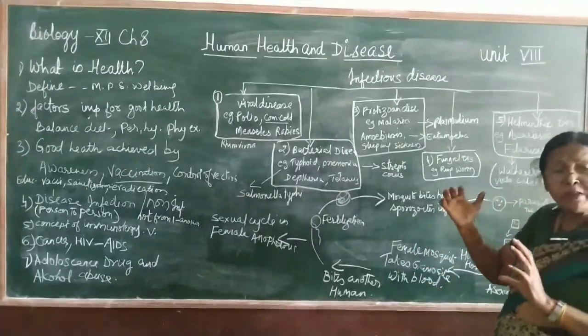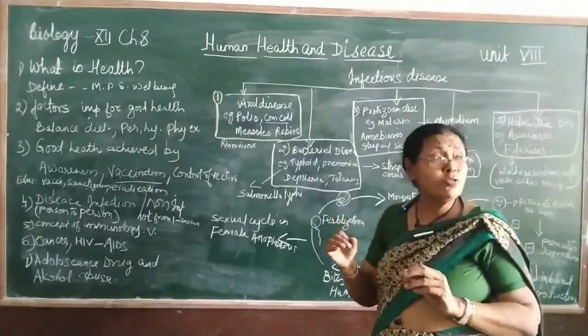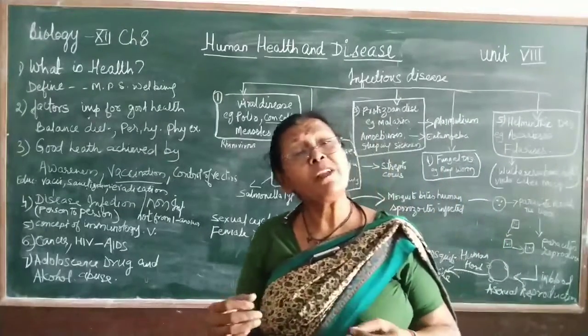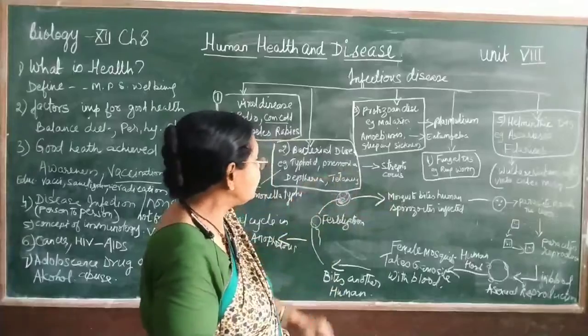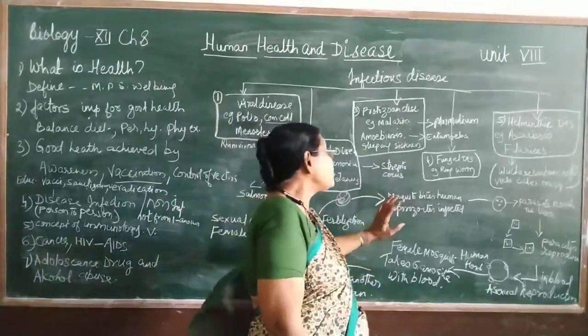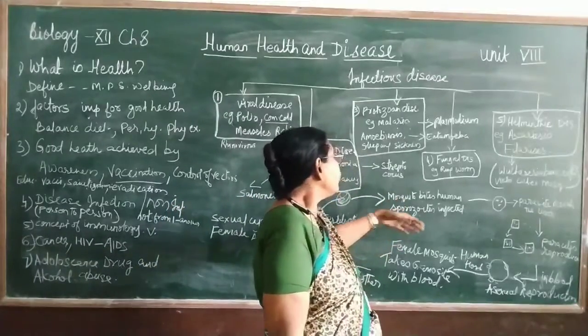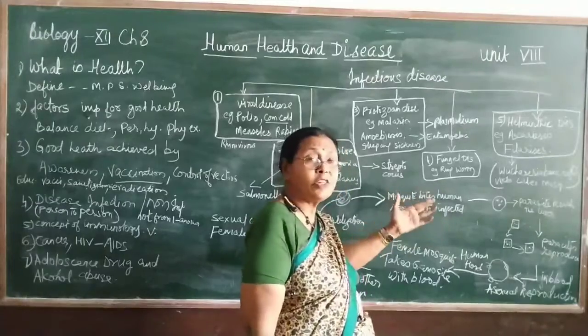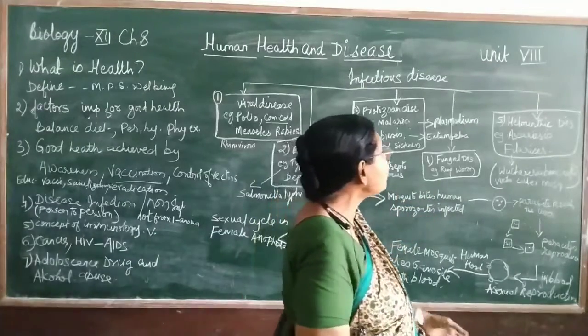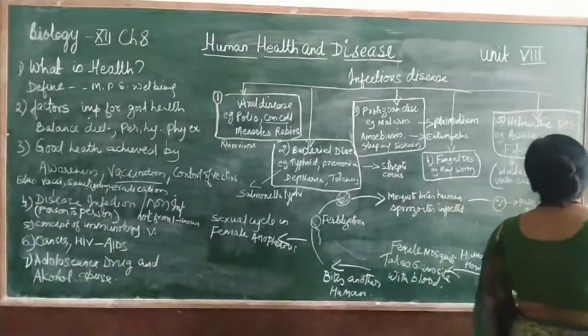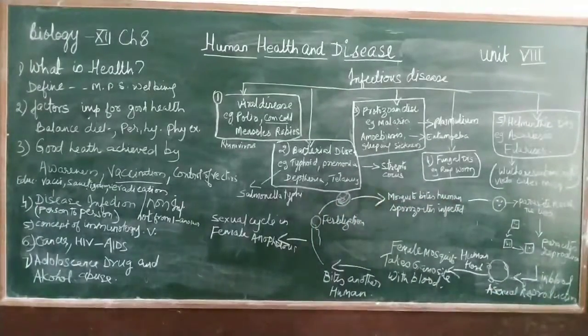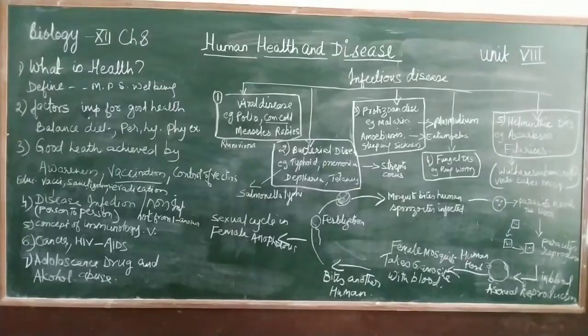The mosquito bites a human being. The female Anopheles mosquito bites a human being, and the sporozoites infect the human. Then what happens? These sporozoites are the parasites. They reach the liver of the human being.